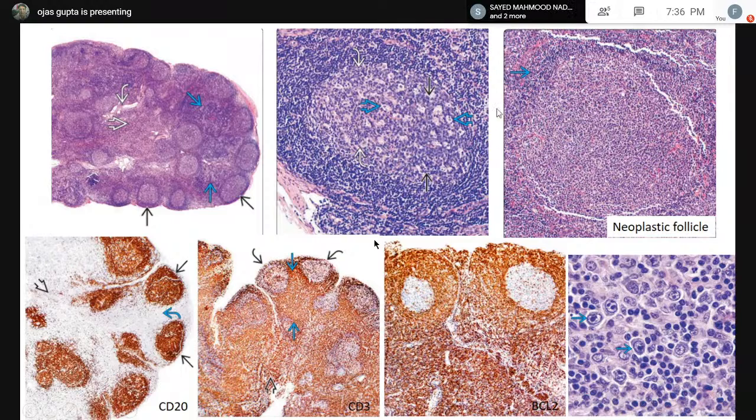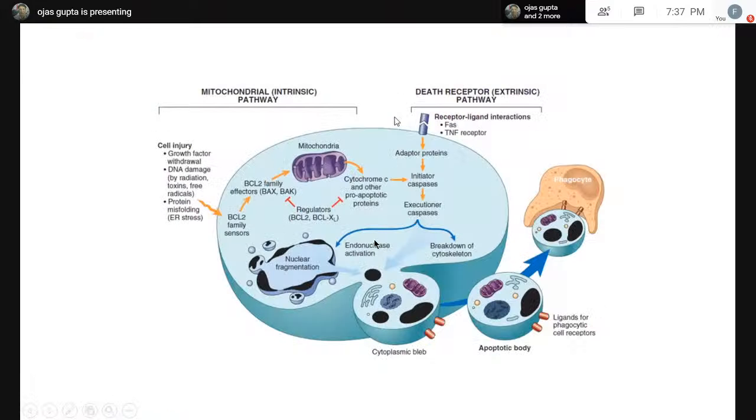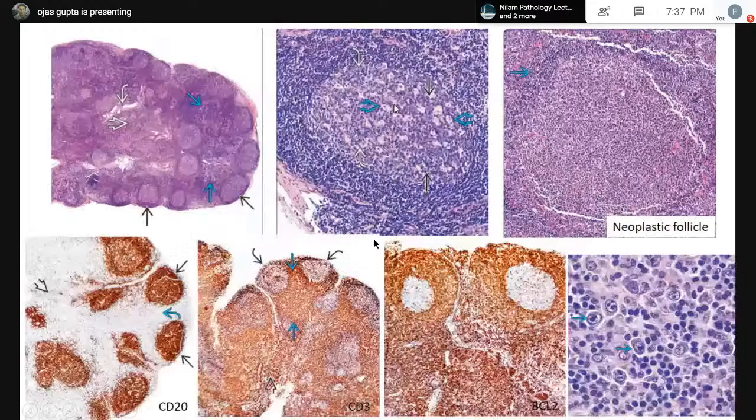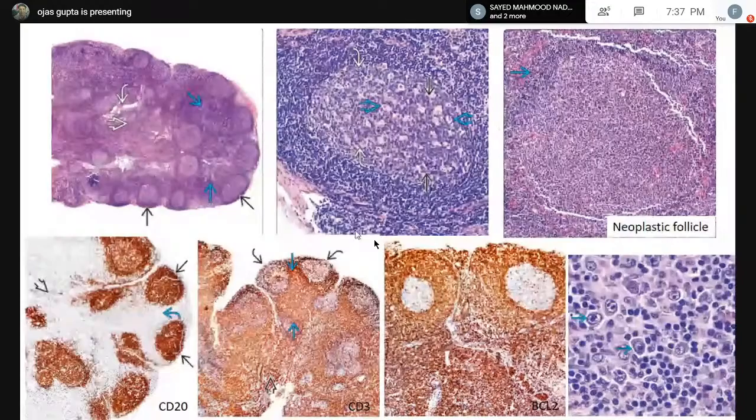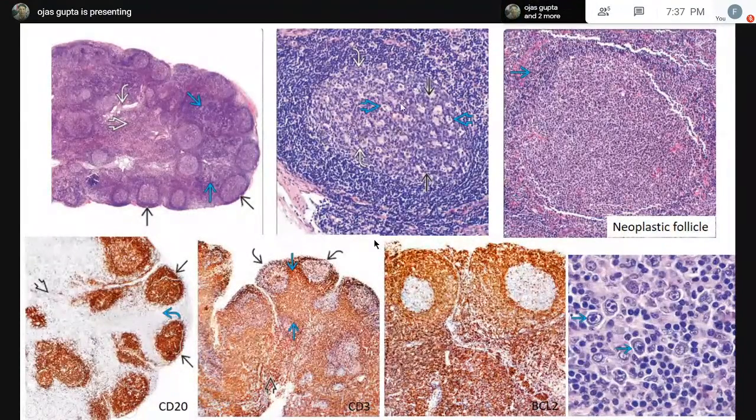Now let's see how this secondary follicle looks. When we go from inside to outside, it has the central germinal center, followed by a rim of mantle cells, and followed by a rim of marginal zone. This germinal center, when we see carefully, has 2 poles. One is a darker staining pole and the other is a lighter staining pole. The darker staining pole comprises predominantly of centroblasts, and the lighter staining one comprises predominantly of centrocytes.